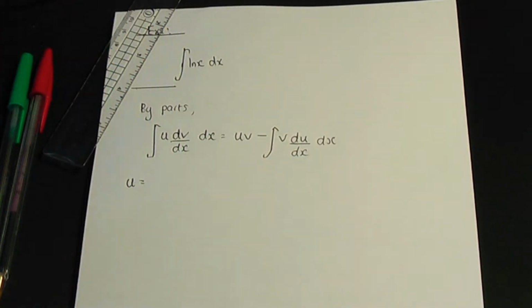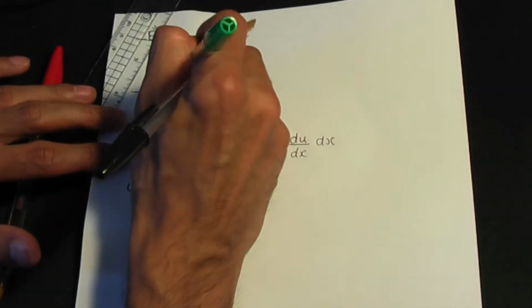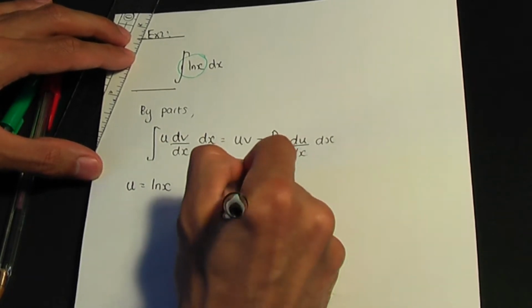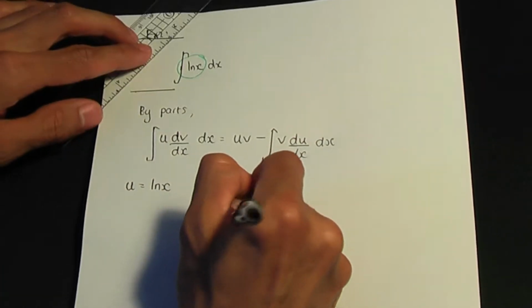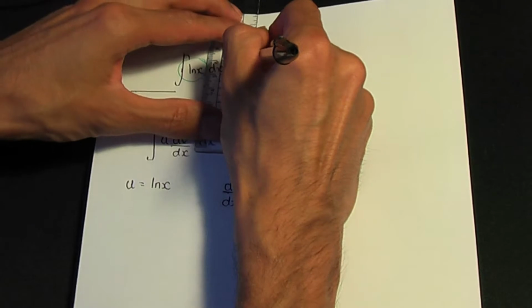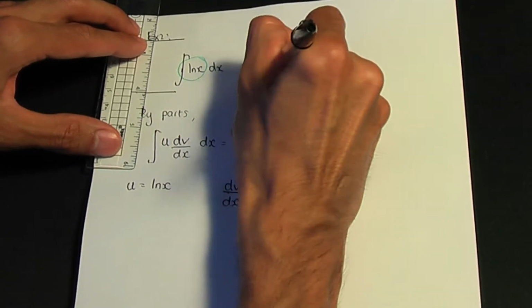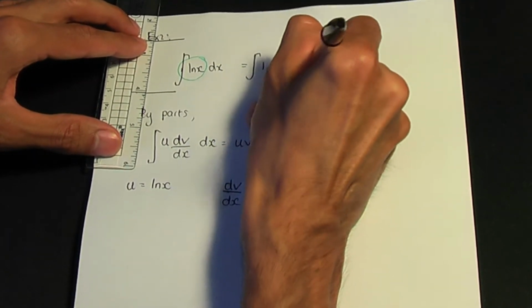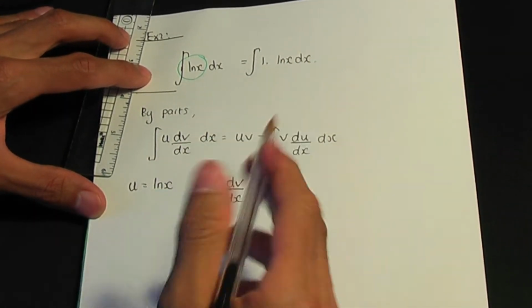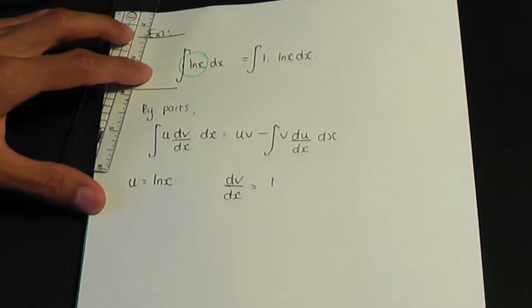So since it's a special case, since I have ln in my integral, I'm going to take u to be ln x, dv over dx then. So dv over dx is the remaining term, so I could rewrite ln x as 1 times ln x. So since I'm taking u to be ln x, dv over dx is 1, the remaining term.